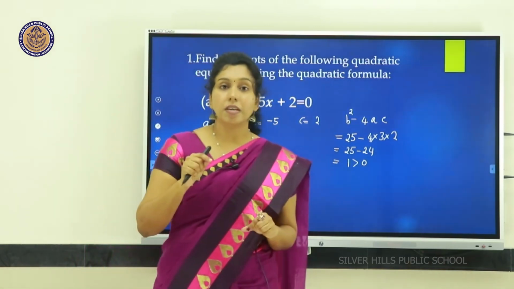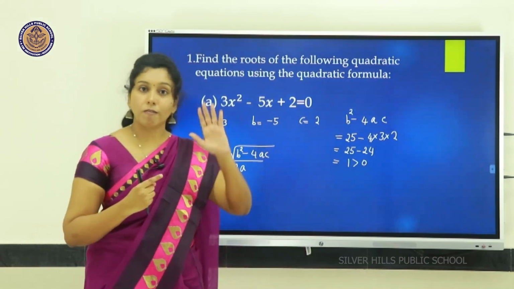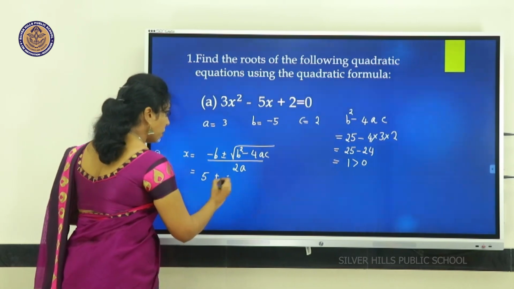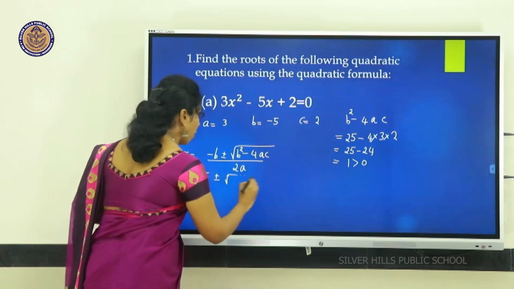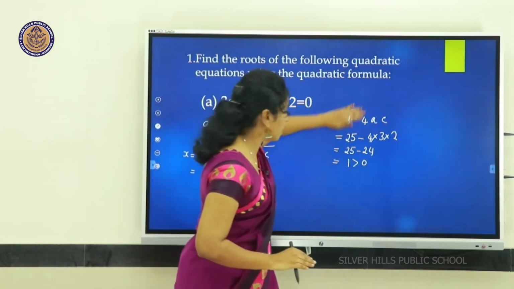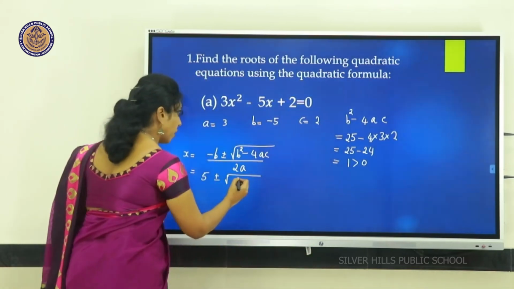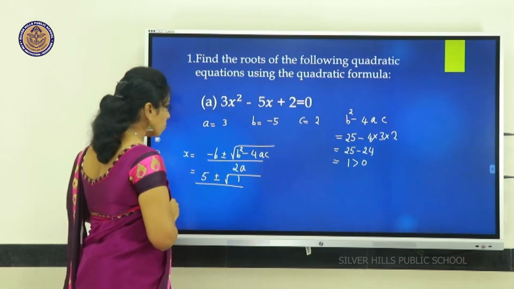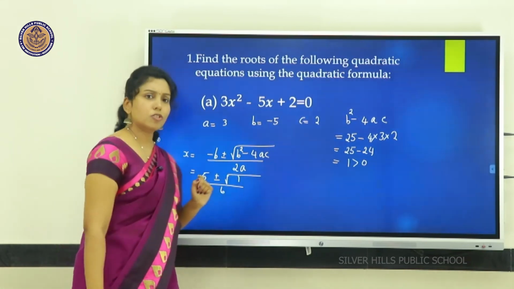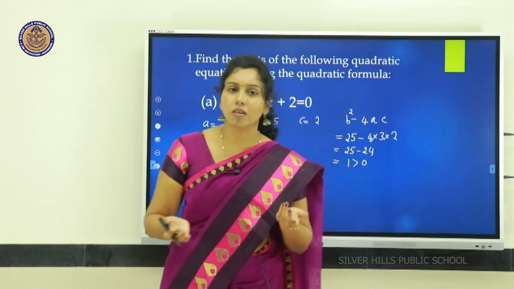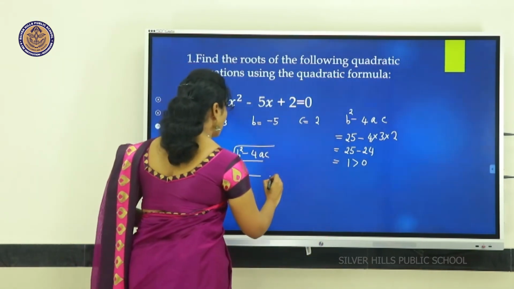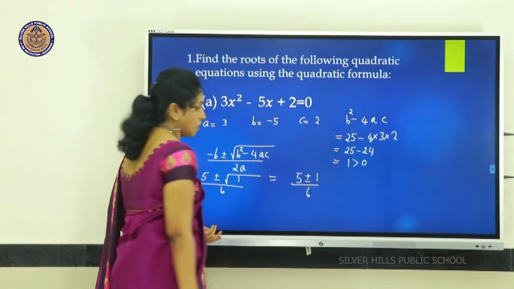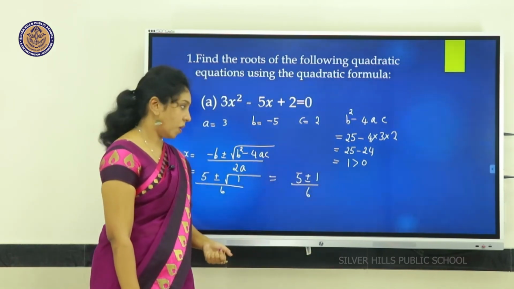So minus b means minus of minus 5, which is 5. That's equal to 5 plus or minus root of b square minus 4ac, whose value is already there. It's 1, by 2a, 2 into 3, that's 6. Now what is root 1, children? All of us know root 1 is 1. This is equal to 5 plus or minus 1 by 6.